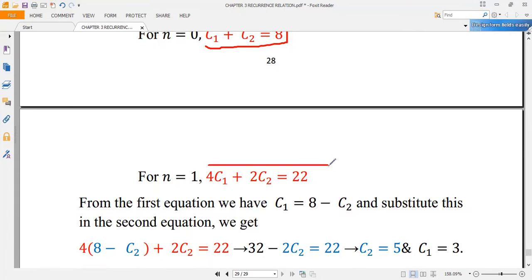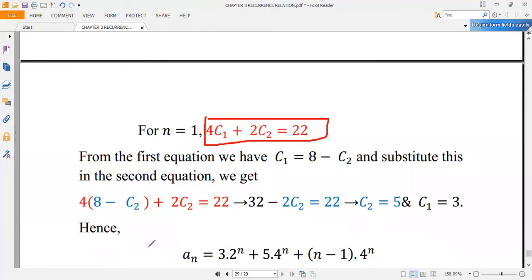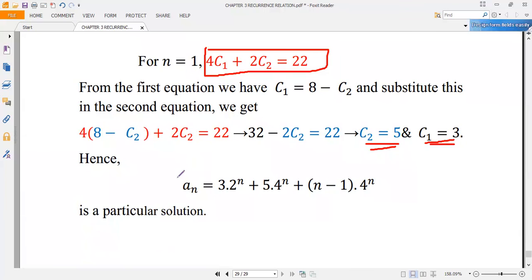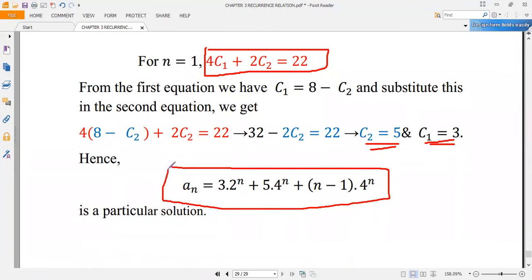Substituting this into the second equation, you will get 2 times (8 minus c2) plus 4c2 equals 22, which implies 16 minus 2c2 plus 4c2, which is 2c2, equals 6. So c2 becomes 3, and substituting the value of c2 into the other equation, we get c1 is equal to 5.